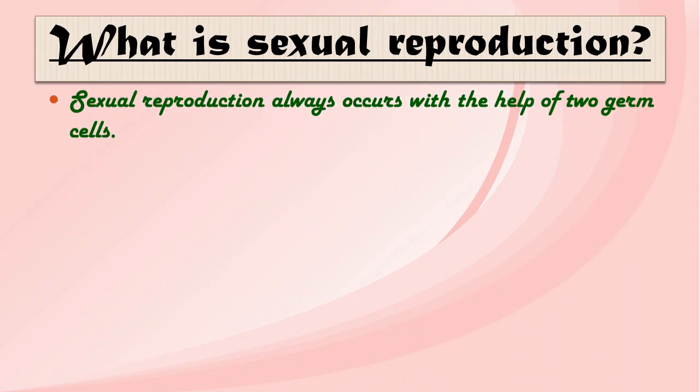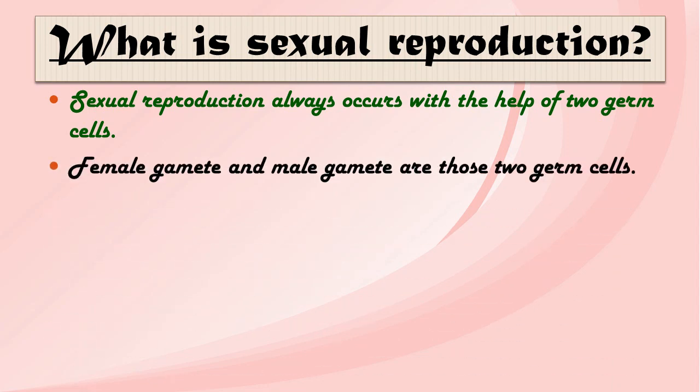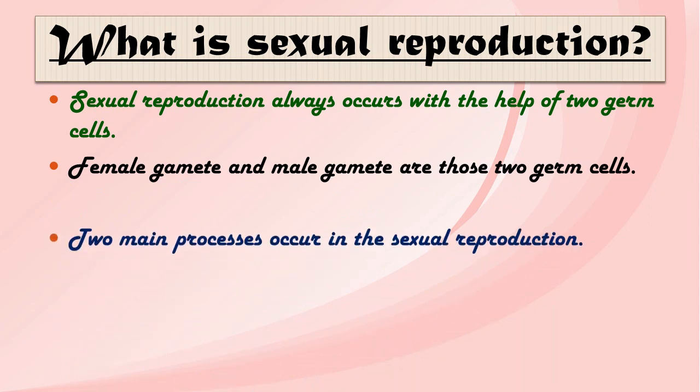Next, sexual reproduction always occurs with the help of two germ cells. Germ cells means the female germ cell and the male germ cell: in females, egg cells, and in males, sperm cells. So the female gamete and male gamete are those two germ cells. Two main processes occur in sexual reproduction. The first process is gamete formation: gametes are formed by the process of meiosis.